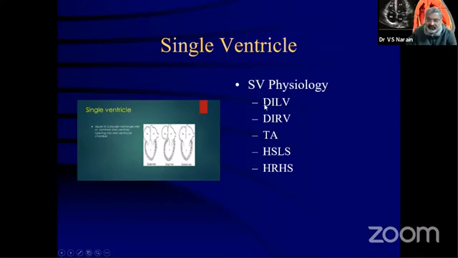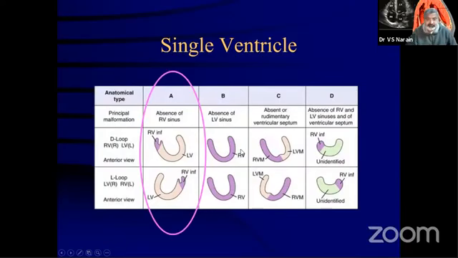It could either be a single LV or a single RV. But tricuspid atresia also behaves like a single ventricle situation. A hypoplastic left heart or a hypoplastic right heart also behaves like a single ventricle. So within single ventricle physiology, you have these 5 situations: double inlet LV, RV, hypoplastic LV, RV, and tricuspid atresia.